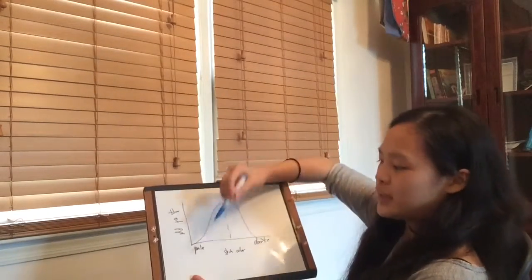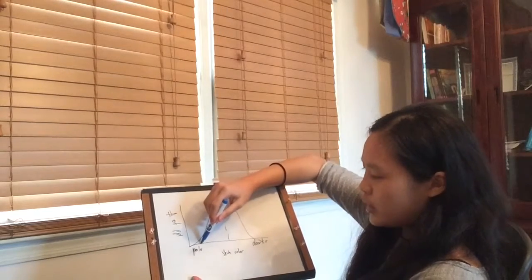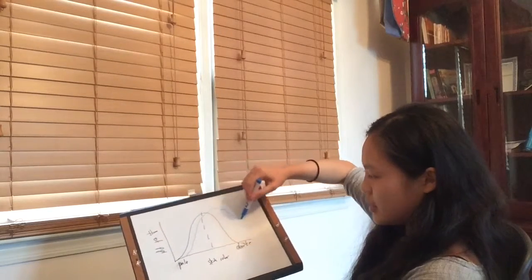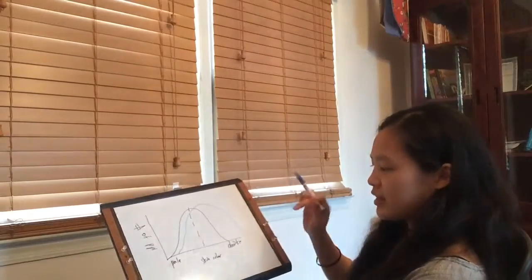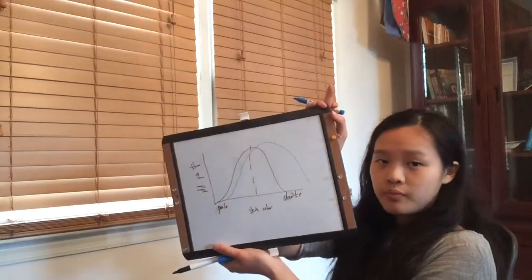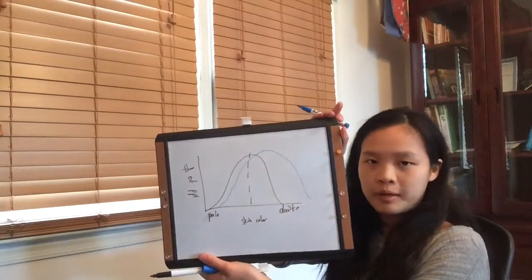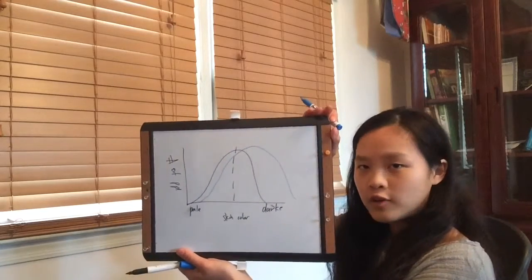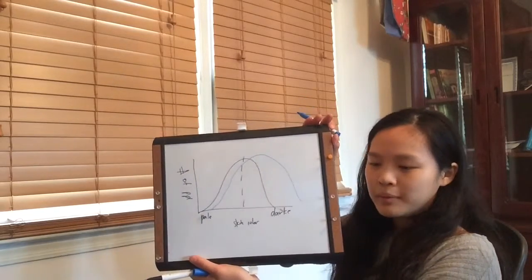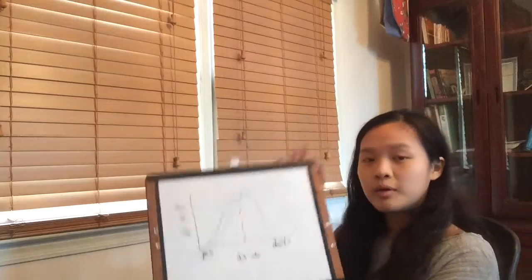So for directional selection, the new population would be probably something like this. In this case, the people with darker skin are favored because for some reason, maybe they're living in a really sunny area, and the more melanocytes they have, the better they survive and reproduce.